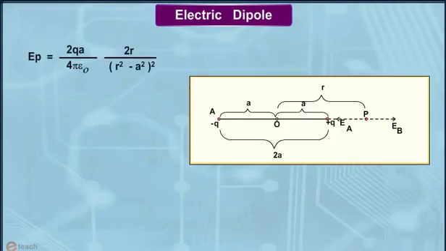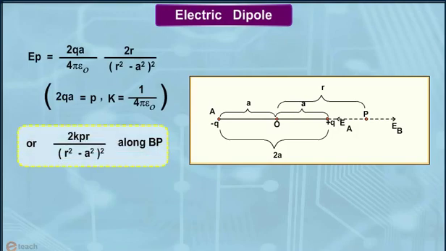Now replacing 2aQ by p and 1 by 4 pi epsilon naught by k, the equation gets reduced to E_P equals 2kpr divided by (r square minus a square) whole square, and its direction is along BP.